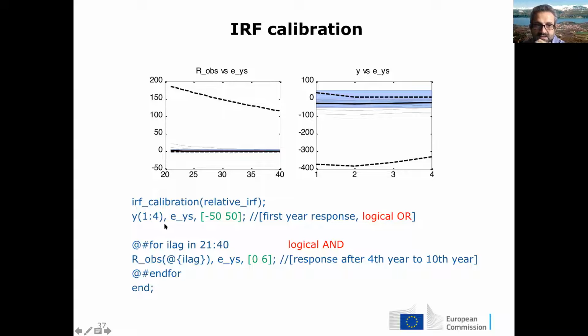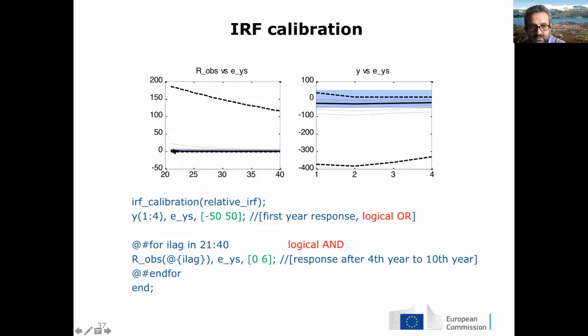So how do we do it? GDP in periods 1 to 4 after a rest of the world shock must be between -50 and 50 in relative terms. Vice versa, for the interest rate response to the same shock, we want it to be small. You see that the tail of the distribution is very fat. There are really huge numbers out of this.